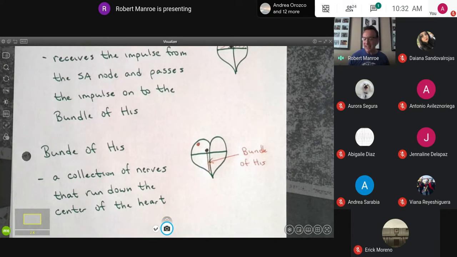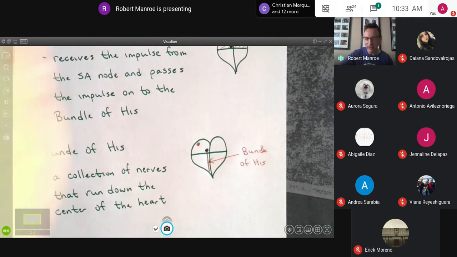But it gets the idea that all this is a game of electrical telephone, that the impulse goes from the SA node to the AV node to the bundle of His.